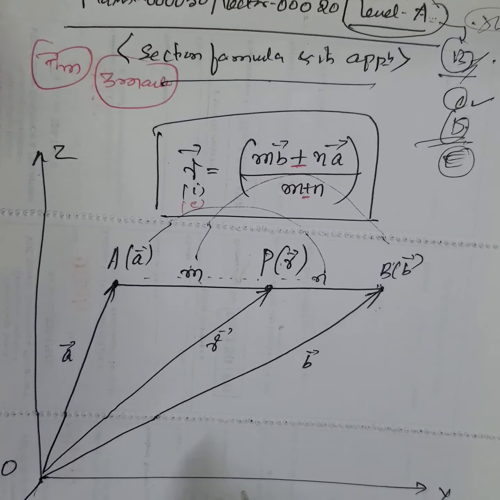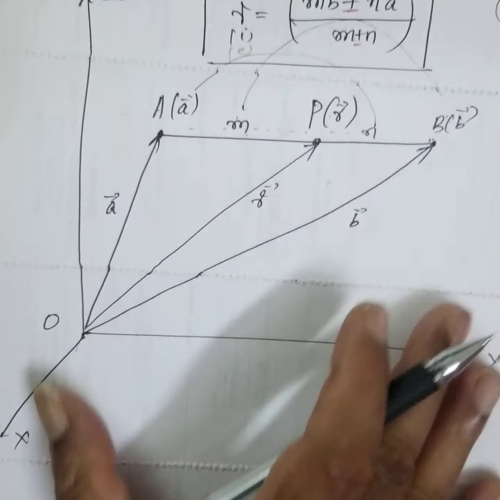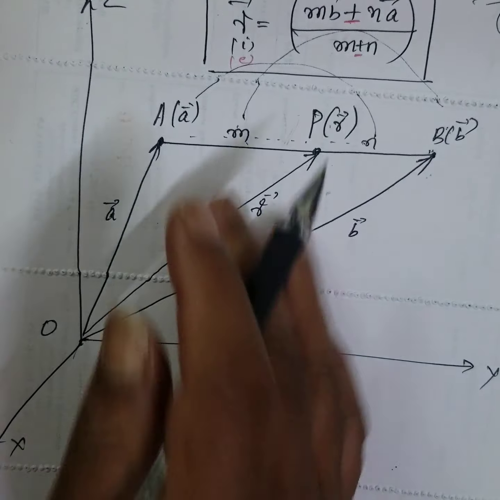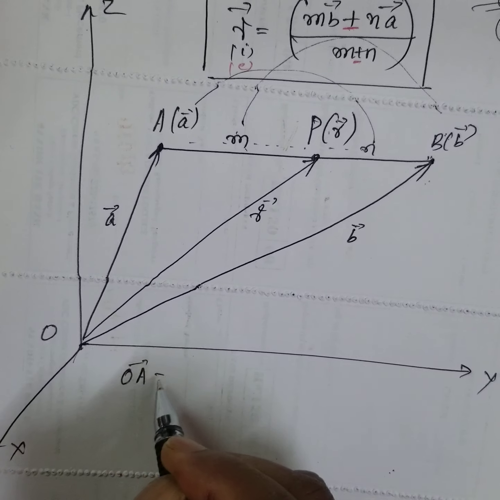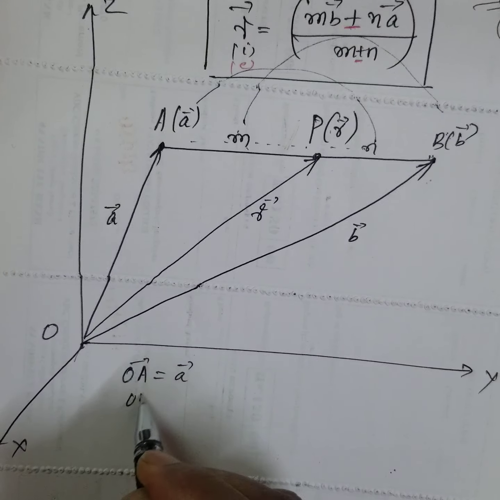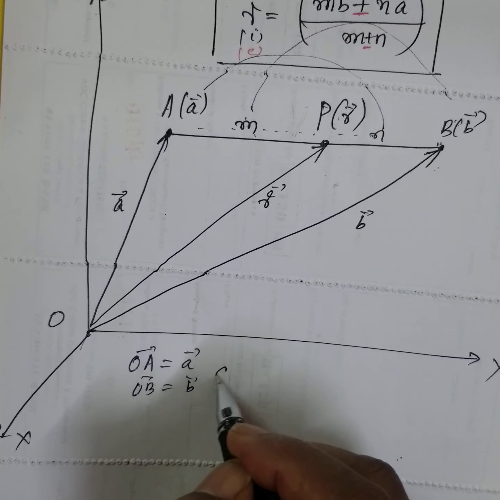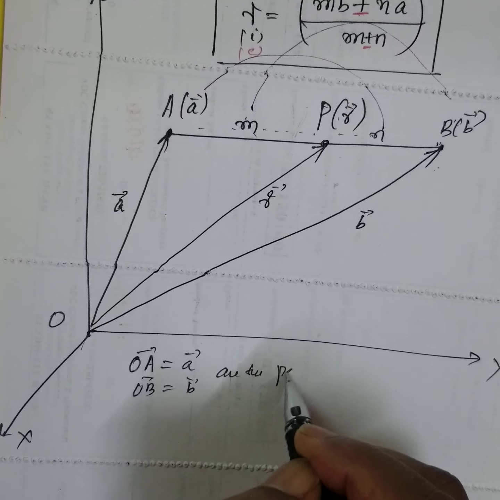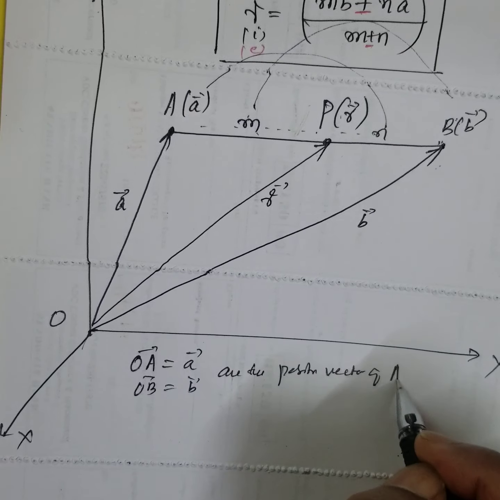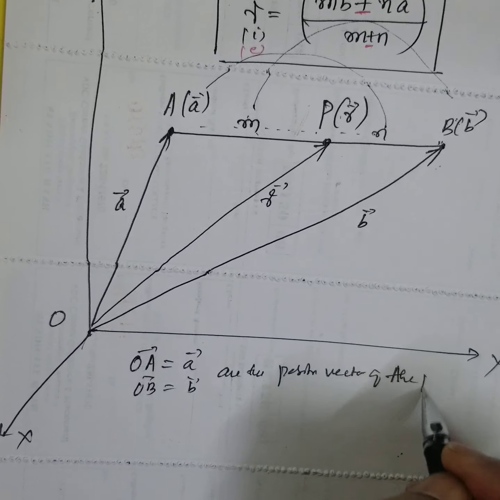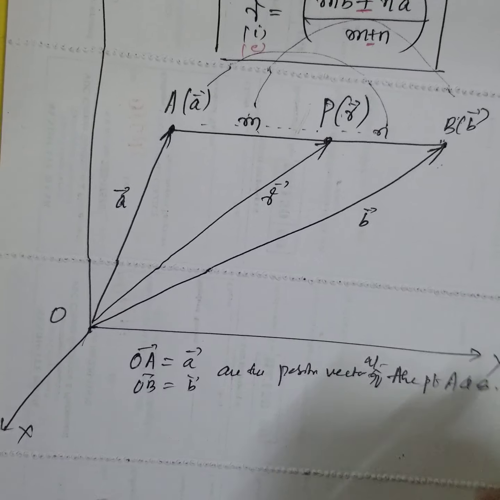Now, how to start? Let OA be equal to A and OB equal to B, the position vectors of the points A and B respectively.